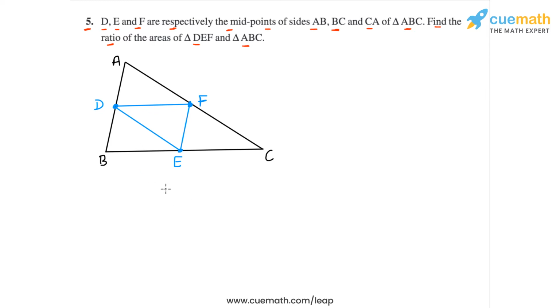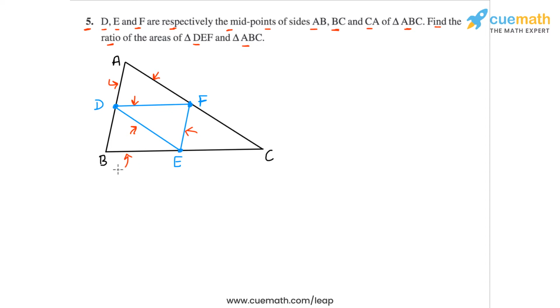So let me first describe the logic that we will use to solve this problem. We will use the midpoint theorem, and we will show that this small triangle DEF is similar to the big triangle ABC. How? If we look at the sides of DEF, using the midpoint theorem, DE will be half of the side CA of triangle ABC. Similarly, EF will be half of AB, and FD will be half of BC.